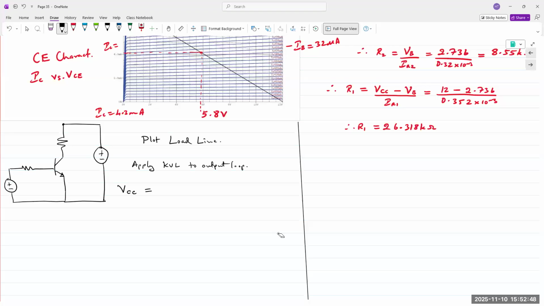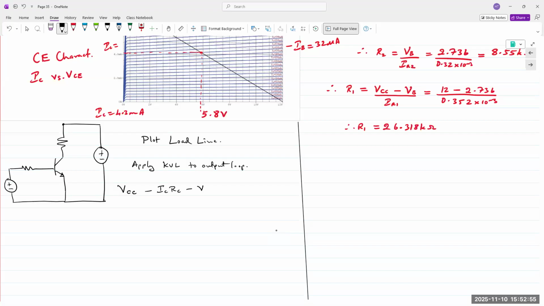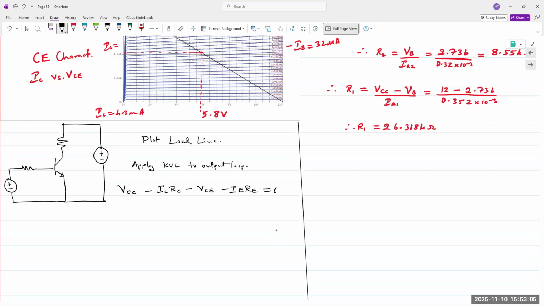Anyway, the equation would be VCC minus IC RC minus VCE minus IE RE is equal to 0. IB, if you recall, was 10, 20, 30, 40, 50 microamps. Very, very small.